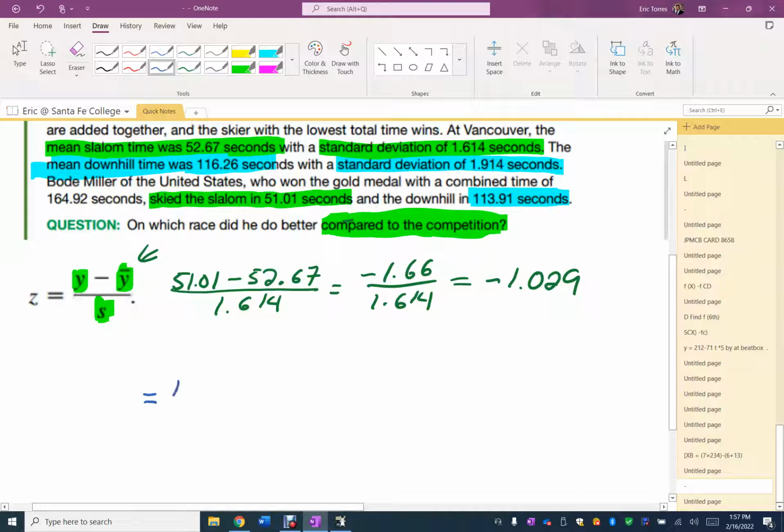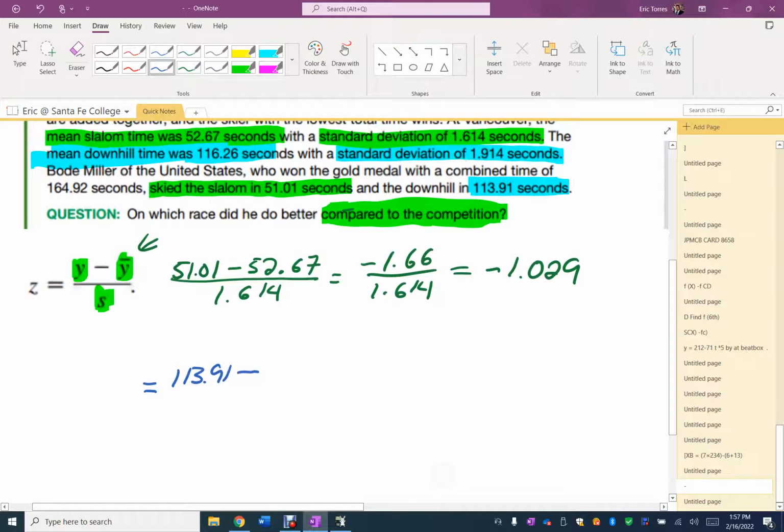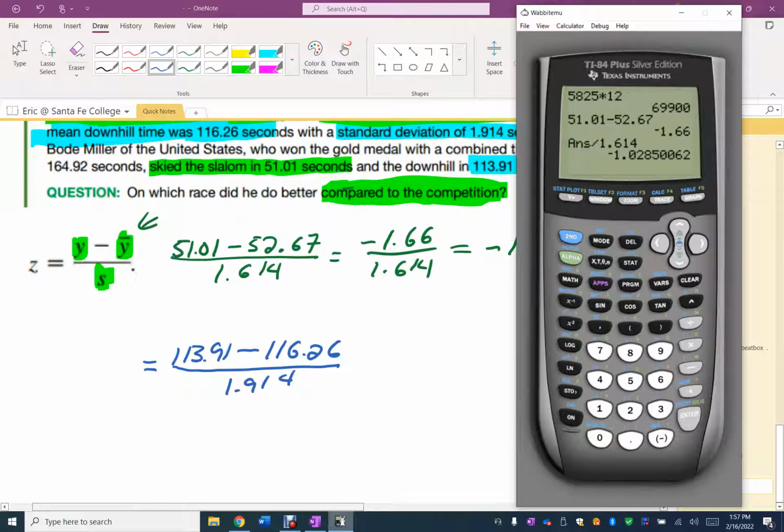We're going to take his score minus the average mean score, which is 116.26, and we're going to divide that by the standard deviation, which is 1.914. So, again, pull out the calculator.